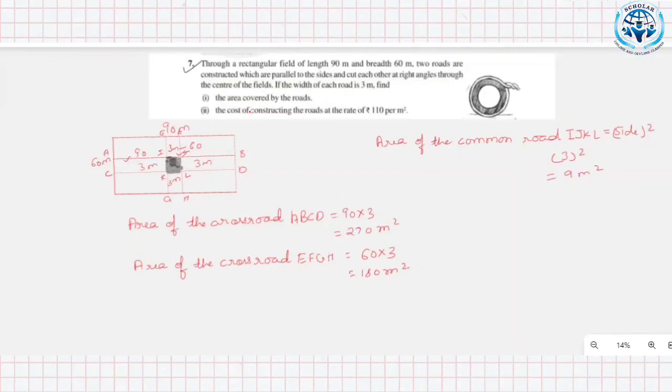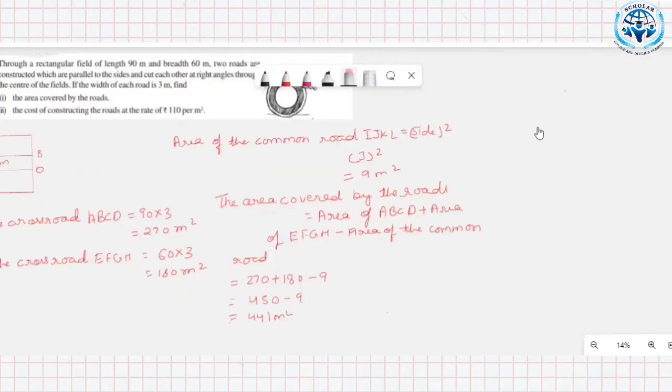We will subtract this area after adding area of the crossroads ABCD and EFGH, and we have found area of the crossroads as 441 meter square.